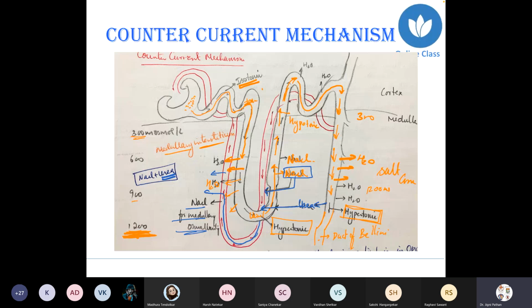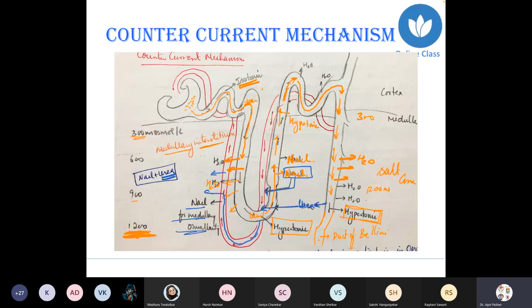As the filtrate moves down and down, more water is removed. Why? Because the salt is more outside, the tonicity is more outside, so the water is removed into the medullary interstitium. So when the water is removed from the filtrate, the urine will become hypertonic.